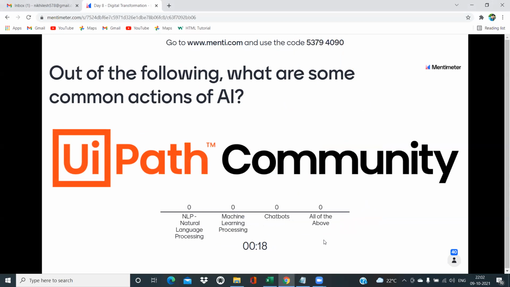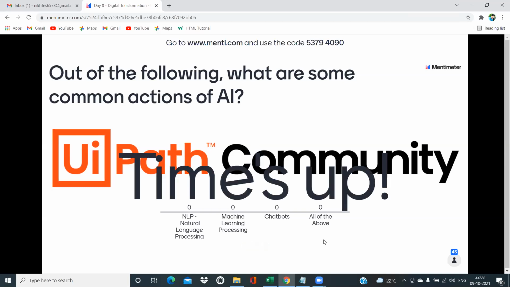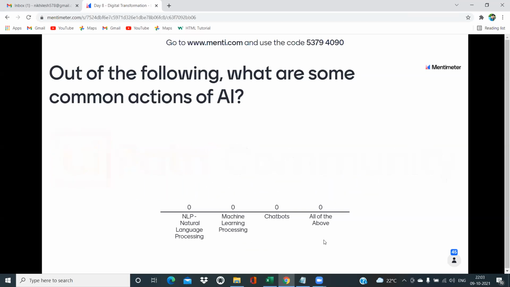Out of the following, what are some of the common actions of AI? You have 4 options and you have 10 more seconds. I hope everybody will give the correct answer. Okay, time's up. Okay, most of you gave the correct answer.